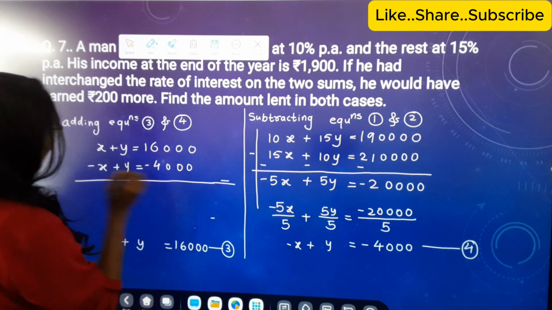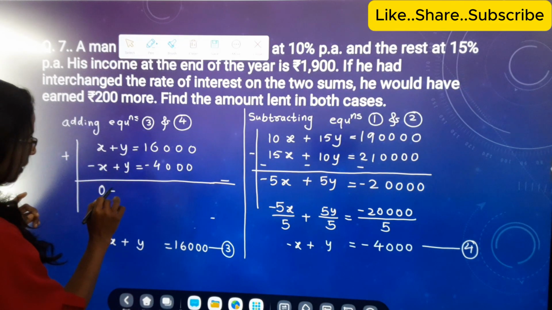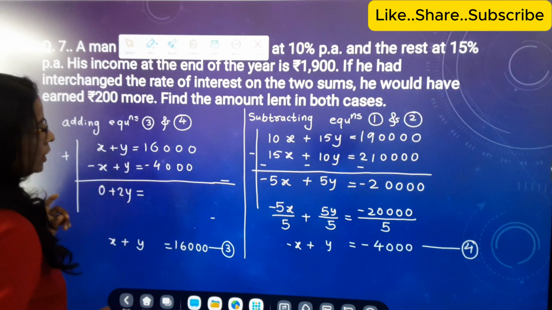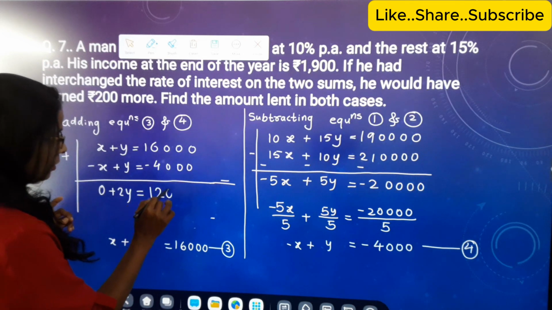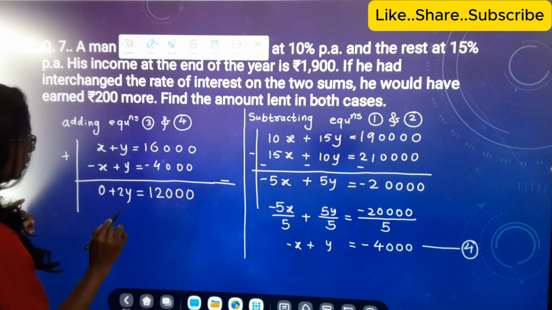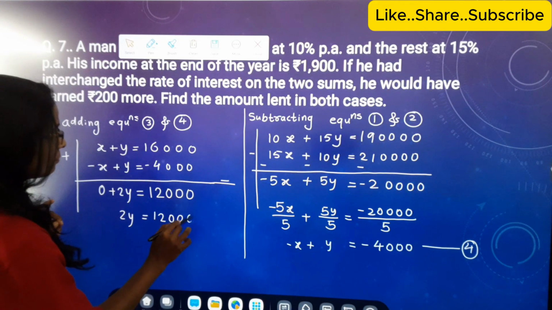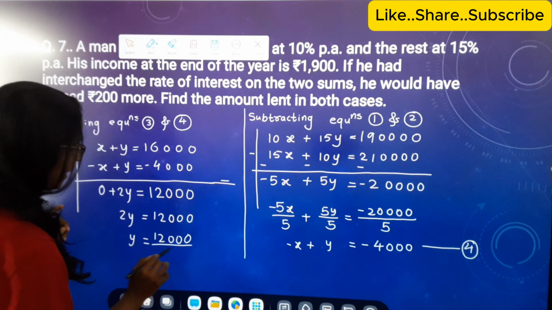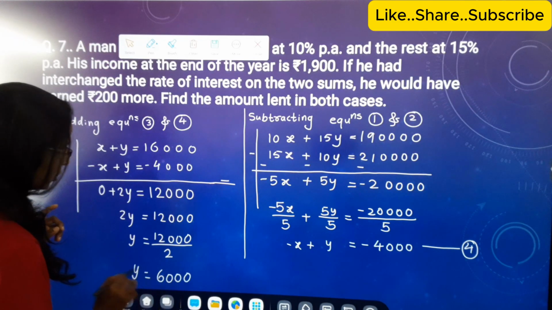Now adding, x minus x is 0, plus y plus y is 2y, is equal to 16,000 minus 4,000, and that means 12,000. Okay, students? Then 2y is equal to 12,000, so y is equal to 12,000 divided by 2, that means y is equal to 6,000.